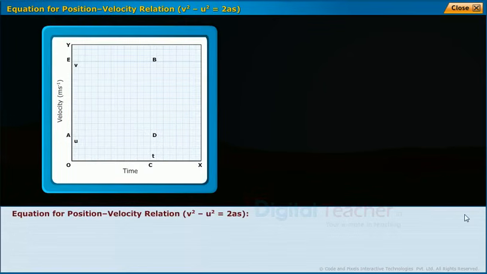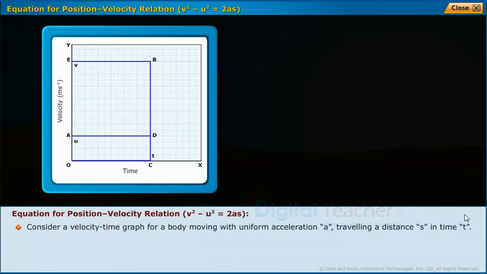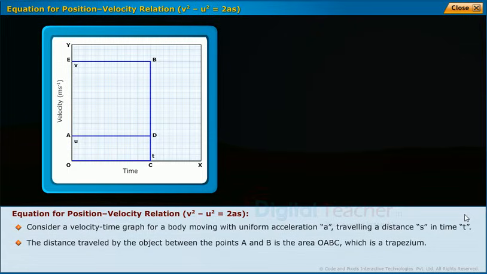Equation for position velocity relation: V square minus U square equals 2AS. Consider a velocity time graph for a body moving with uniform acceleration A, traveling a distance s in time t. The distance traveled by the object between the points A and B is the area OABC, which is a trapezium. That implies S equals area of trapezium OABC.